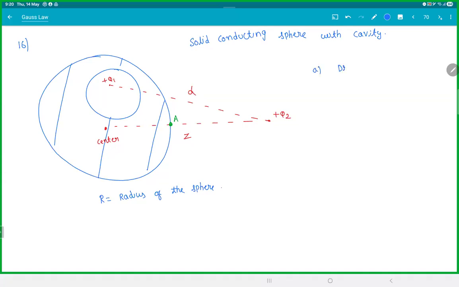First thing, draw the charge distributions. Roughly, how will the charges look like?